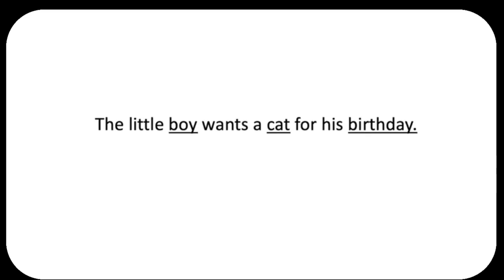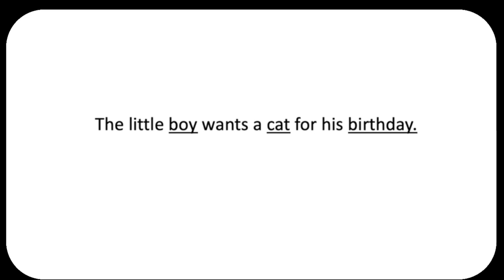For example, the little boy wants a cat for his birthday. In this sentence, we have three nouns: boy, which refers to a person; cat, which refers to an animal; and birthday, which refers to an event.